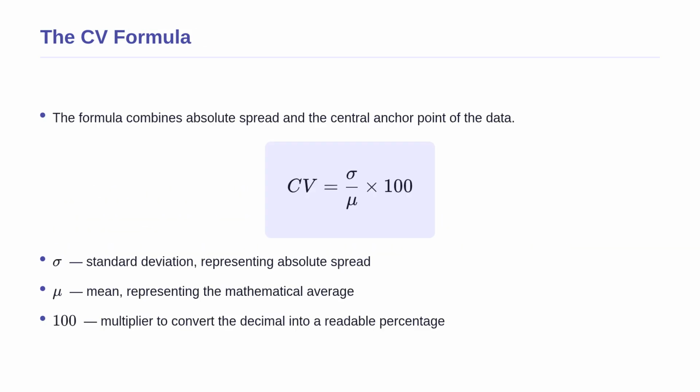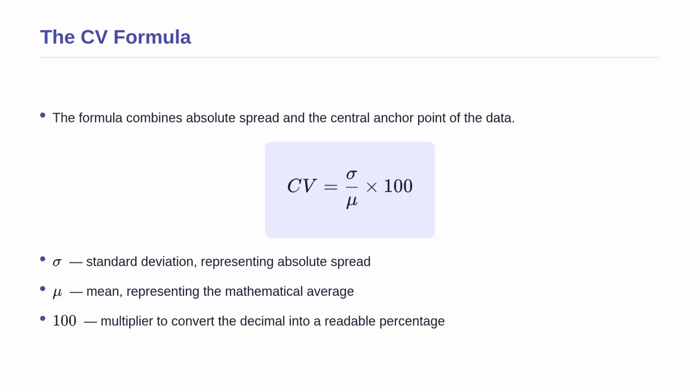This brings us to the mathematical representation. The formula for the coefficient of variance is beautifully simple. We take the standard deviation, which represents the absolute spread, and divide it by the mean, which represents the central anchor point. In this formula, sigma represents the standard deviation, telling us how much data points deviate.